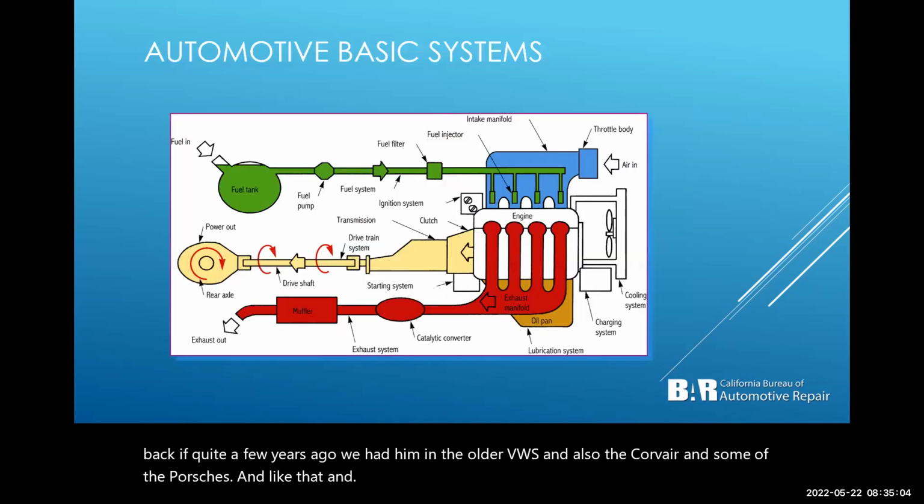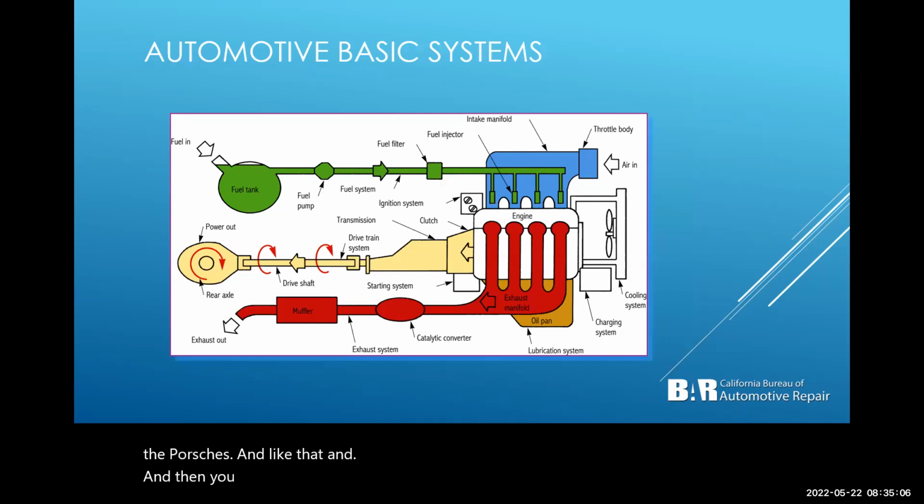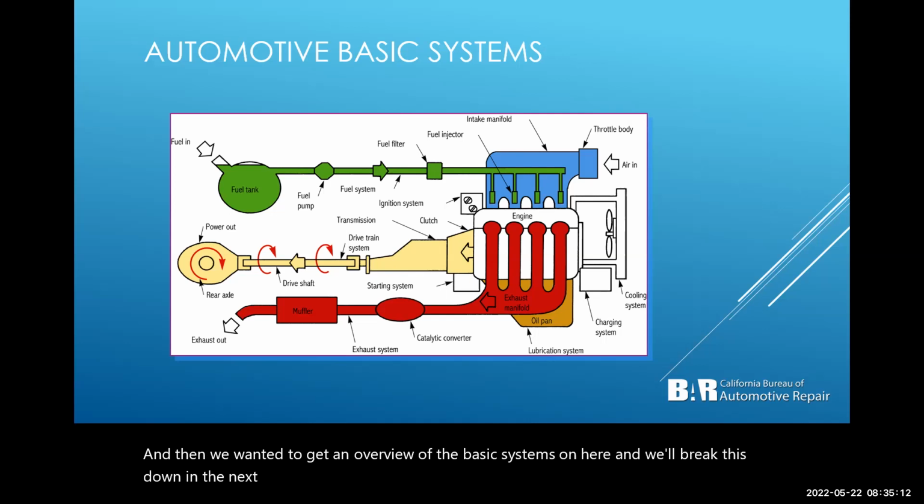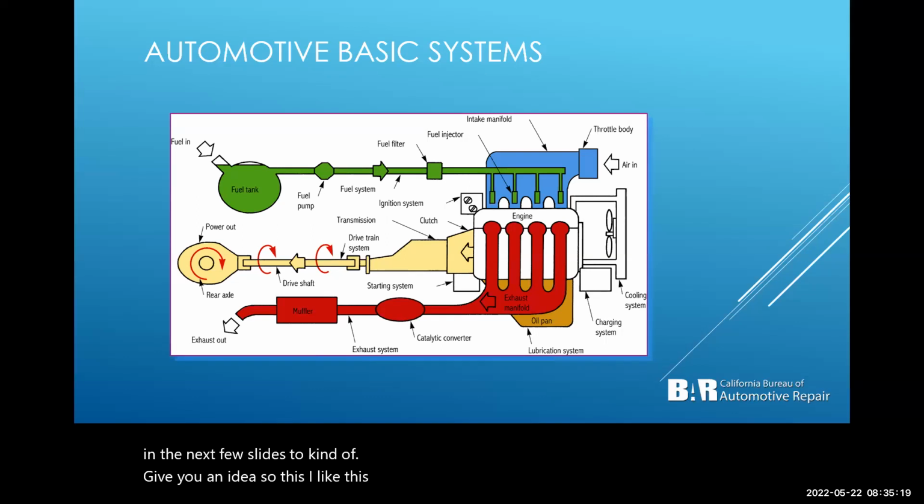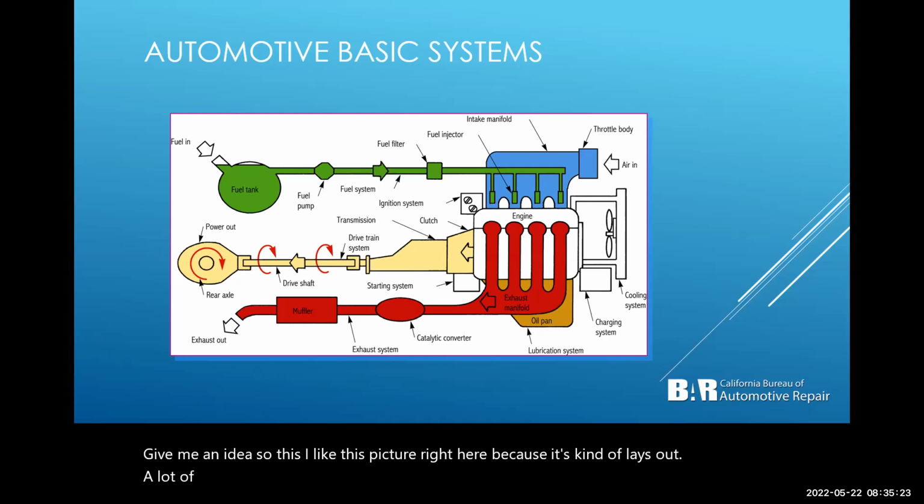And then we want to get an overview of the basic systems on here. And we'll break this down in the next few slides to kind of give you an idea. So I like this picture right here because it kind of lays out a lot of the systems on the car. And when you're doing your inspections, you really need to be looking at all the systems.